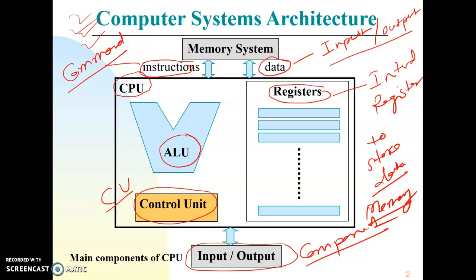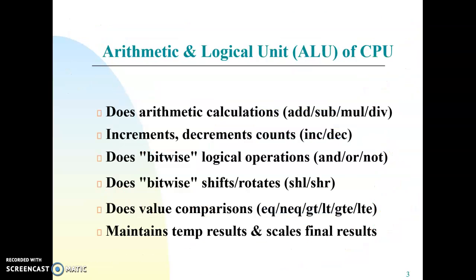The next slide is for the arithmetic and logic unit. So here you can see we will discuss arithmetic and logic unit of a computer system, central processing unit. So ALU is a combinational digital electronic circuit, and it performs various arithmetic and bitwise operations on binary numbers.